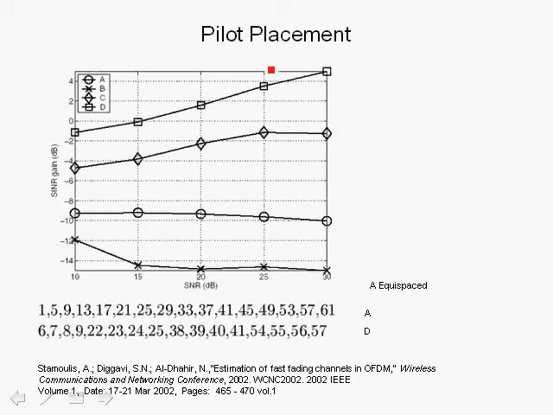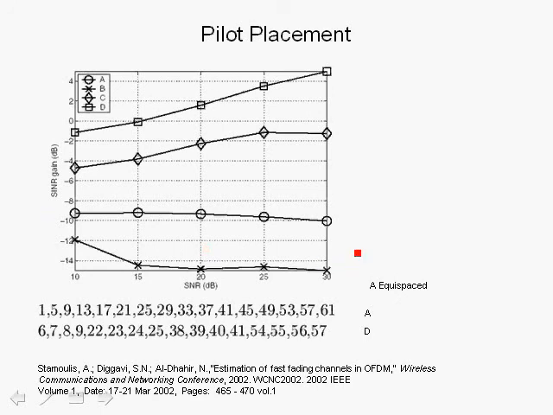This plot here shows the result where we're varying the signal to noise ratio, and we're showing the signal to noise ratio gain, given that we're estimating the channel and updating the estimate of the channel impulse response on a per symbol basis using pilot tracking.